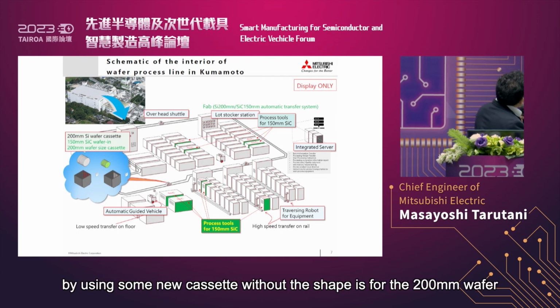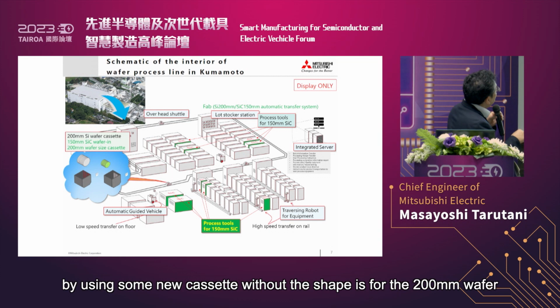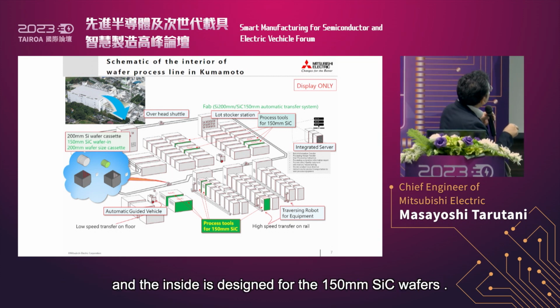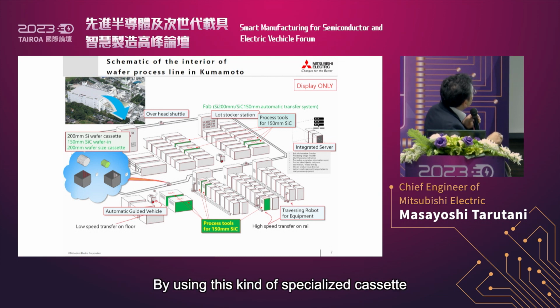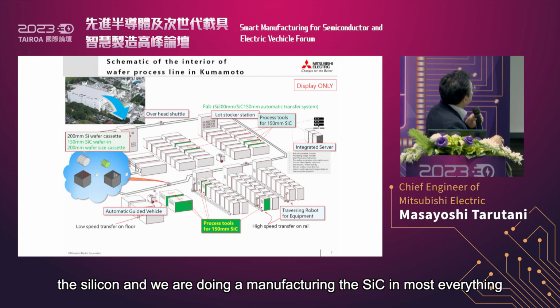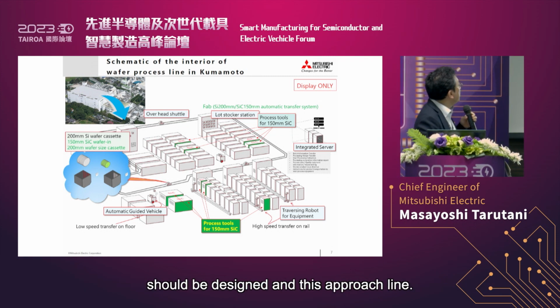By using a new cassette, whose outer shape is for 200 millimeter wafers and whose inside is designed for 150 millimeter SiC wafers, we can use the same factory automation system as for silicon, and we are manufacturing SiC MOSFETs or Schottky barrier diodes in this product line.